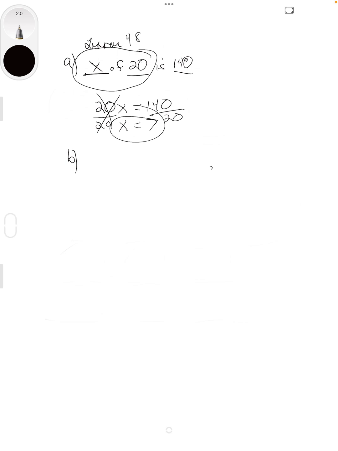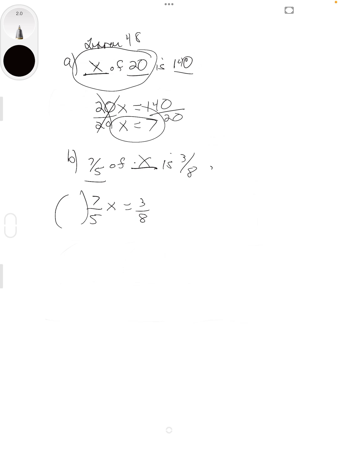Okay, practice problem B. 7/5 of what number is 3/8? Okay, 7/5 of what number? I'm just going to put an x for what number. So I have 7/5 times x equals 3/8.